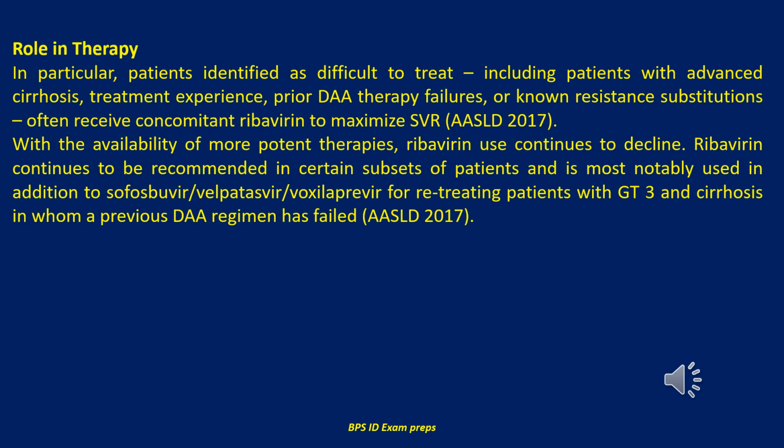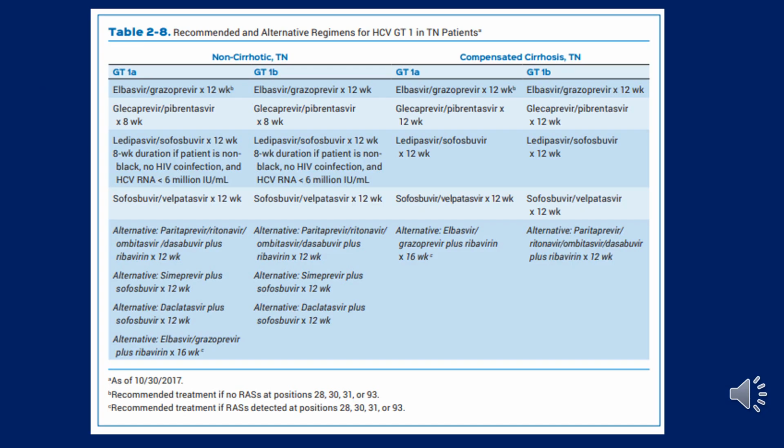Ribavirin continues to be recommended in certain subsets of patients and is most notably used in addition to sofosbuvir plus velpatasvir plus voxilaprevir, for re-treating patients with genotype 3 and cirrhosis in whom a previous DAA regimen has failed, according to AASLD 2017.